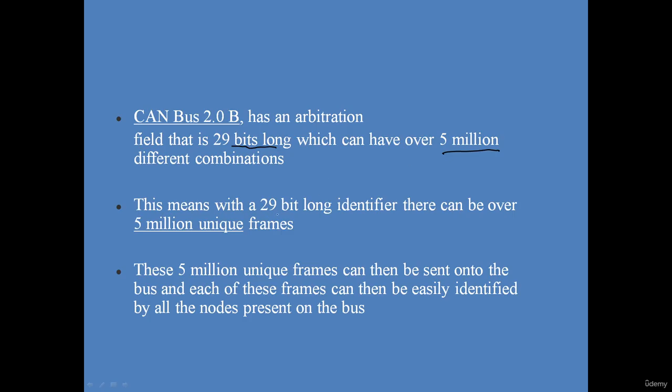This means that with a 29-bit long identifier, there can be over 5 million unique frames. And these 5 million unique frames can be sent onto the bus, and each of these frames can then be easily identified and processed by different nodes present on the bus.